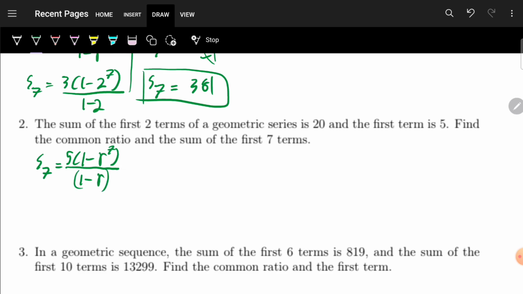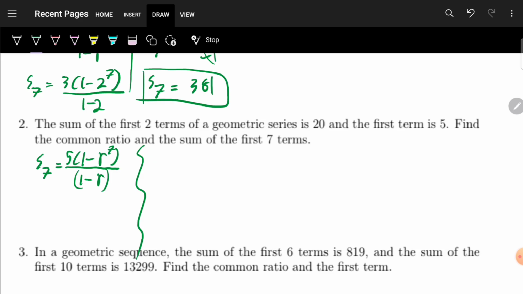So now we need to somehow figure out r, or figure out an expression for r. Let's see how we can do that.